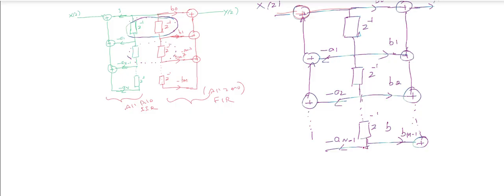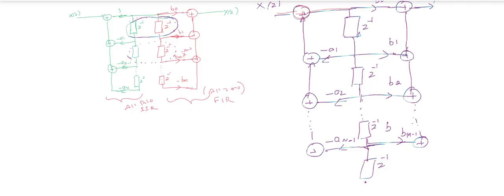It will be again, see the last coefficients, Z inverse. So this is Z inverse.